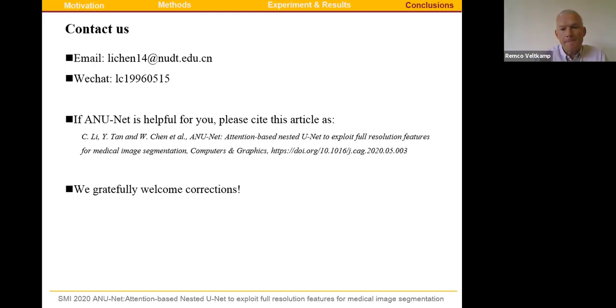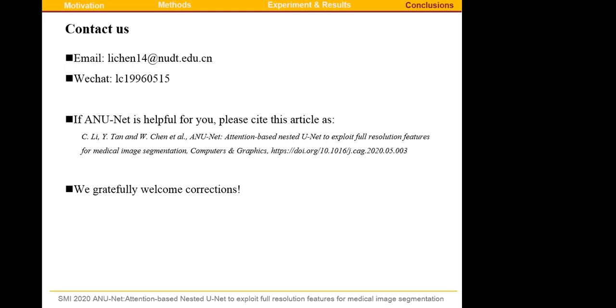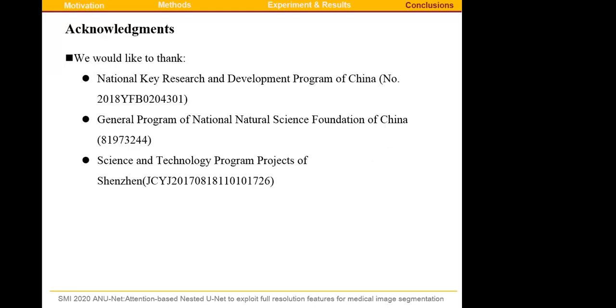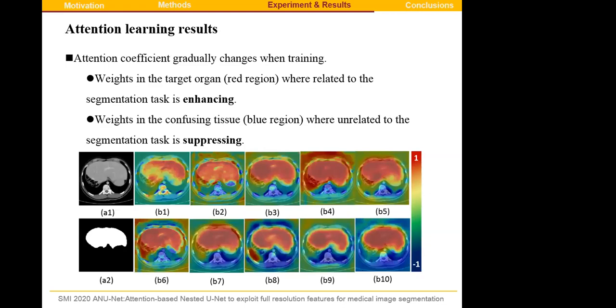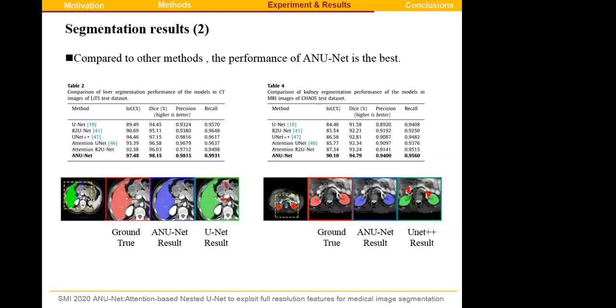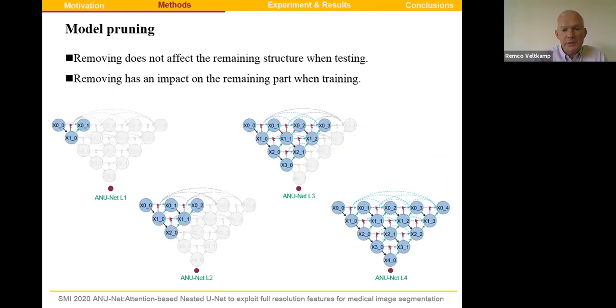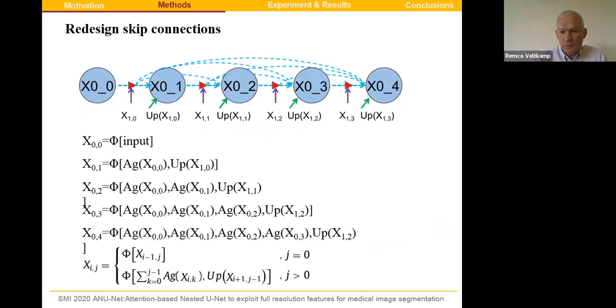The original attention U-Net architecture is based on the classic U-Net. But in our work, our U-Net is based on the nested U-Net network. As you can see, I will show the architecture. Okay, so it is the nested structure that is new.